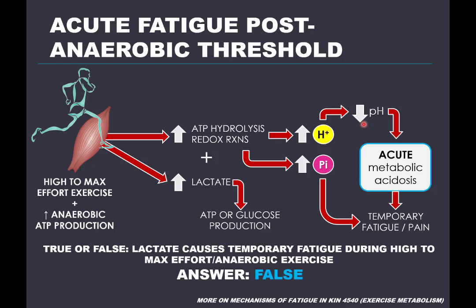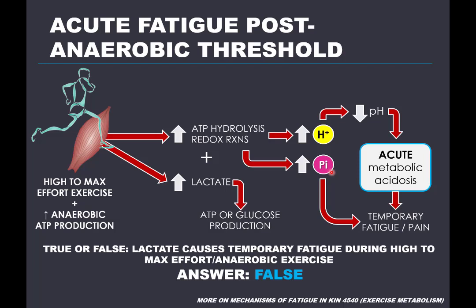Now another factor contributing to fatigue that is not through acidosis is the inorganic phosphates. Remember, one of the products of ATP hydrolysis is the last phosphate that broke off of ATP. This phosphate is usually processed in the mitochondria to be used to rephosphorylate ADP back to ATP via aerobic metabolism. But again, the mitochondria and the aerobic system has reached its capacity.